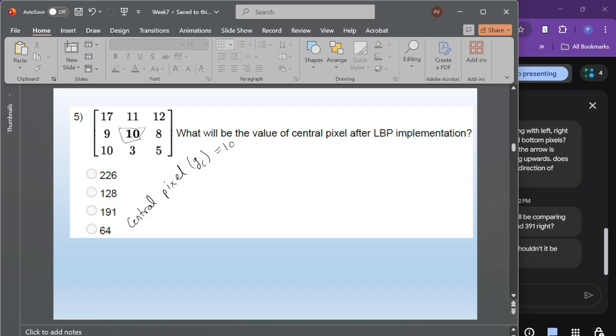Okay. So now what we need to do is compare each of the 8 neighbors, let's say the neighbors we are representing as GP, to the center.